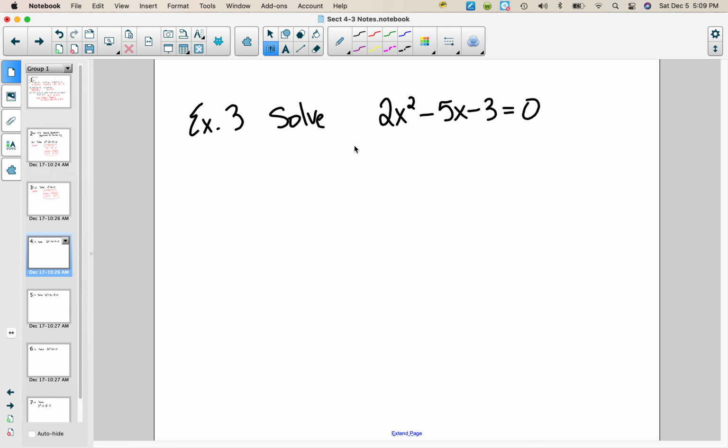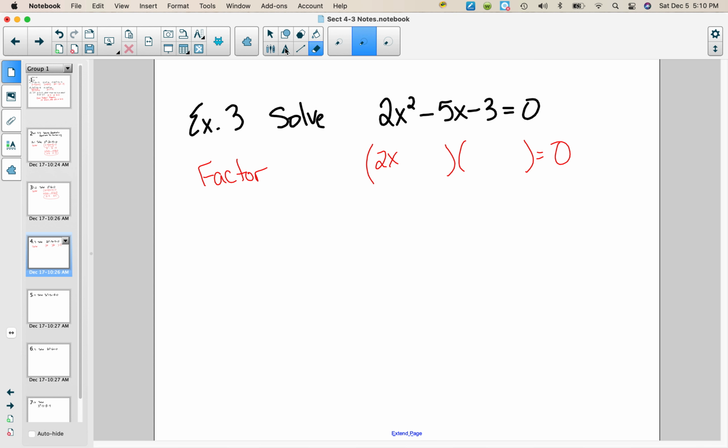Next one, we start by factoring. So remember on this one, we're going to have the 3 here, the 1 here. Okay, so we have 2x plus 1 equals 0.